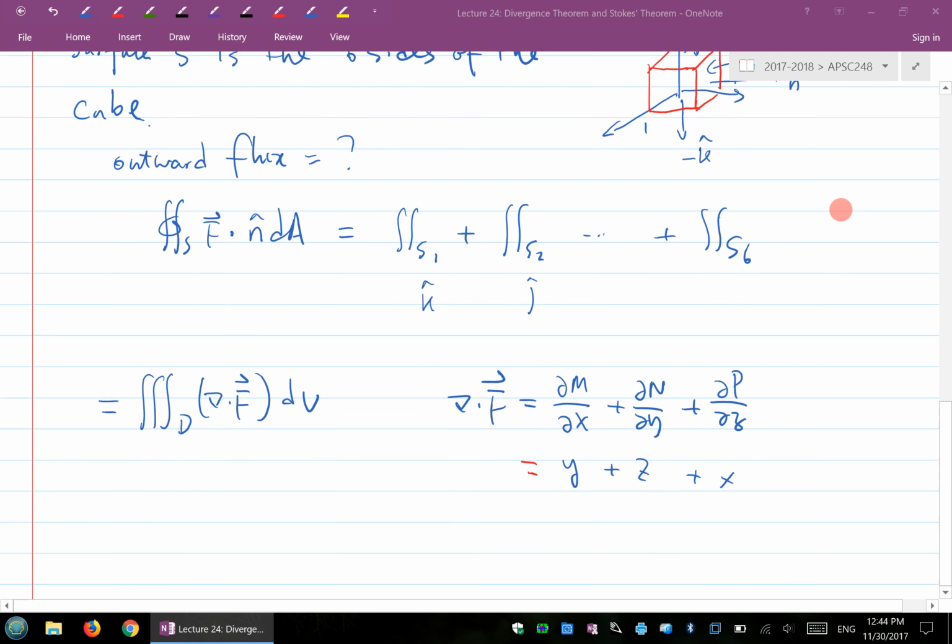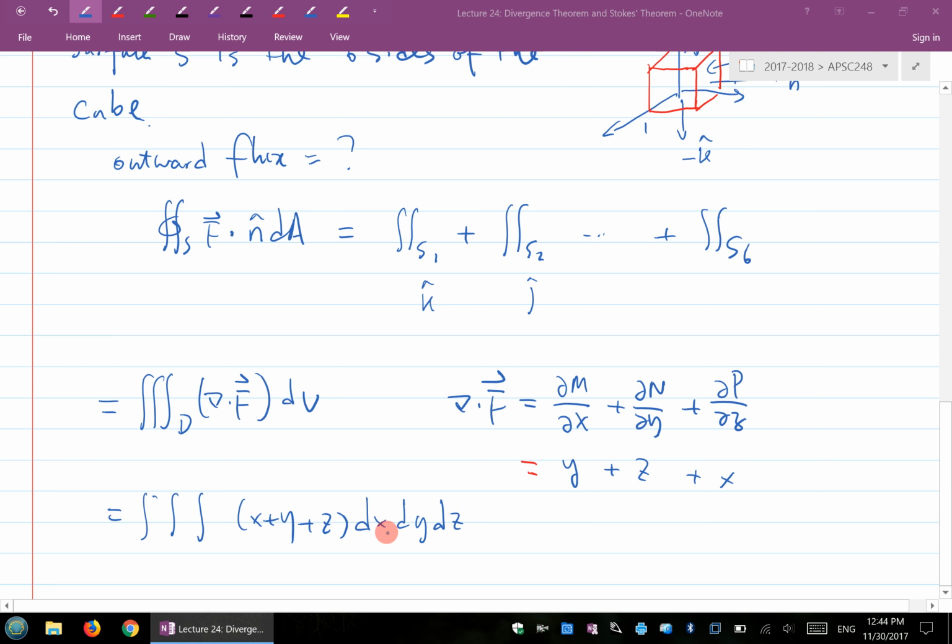Now I'm going to substitute back into this triple integral: x plus y plus z, and then dV. This is basically back to the typical triple integral calculation. You can use dx, dy, dz, or any order you want, but this is a cube, so really it doesn't matter.